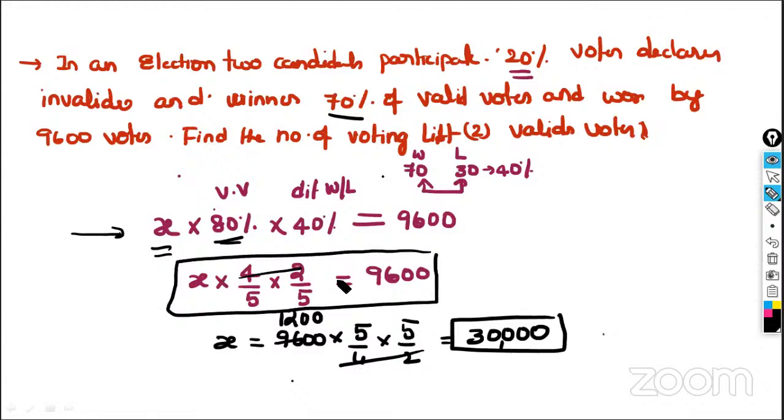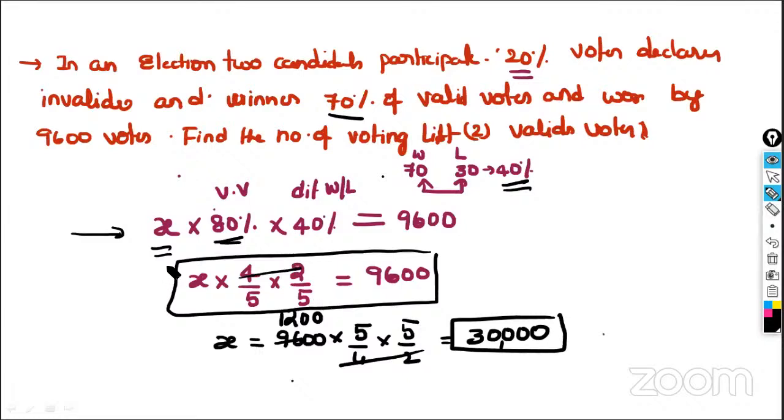You can calculate directly here. So 80%, and the winner got 70%. That means the loser got 30%. Is it clear? The difference is how much? 40%. So 40% is equal to what? 9600. Then what is the x value? 30,000.